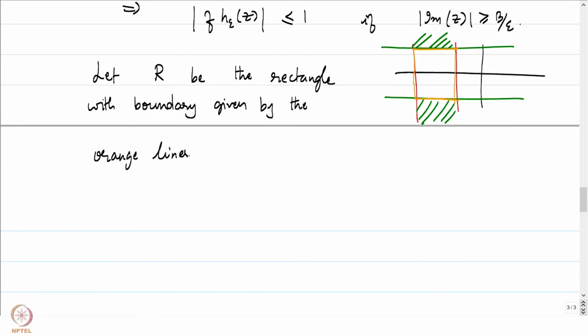Similarly, the next one will be y is equal to minus b by epsilon, x is between a and b. The third line will be x is equal to b, y is going to be between minus b by epsilon and b by epsilon. Fourth line will be y is equal to b by epsilon, and x is between a and b rather. So those are the four sides of the rectangle.